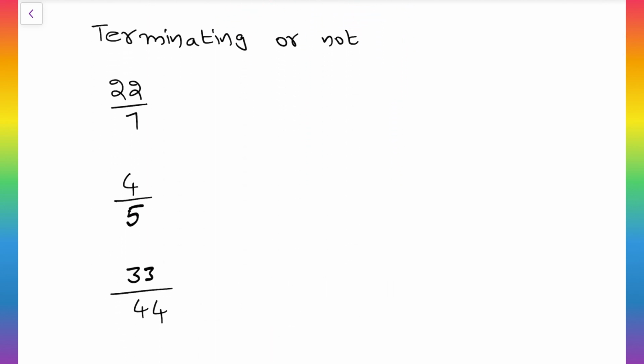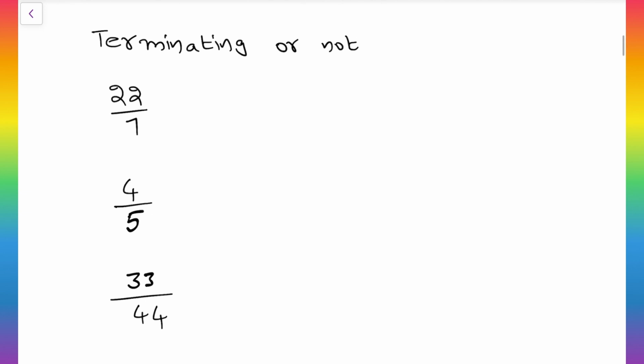Next one. Check whether the given numbers are terminating or non-terminating repeating type of decimal. So how will we decide, without doing division, whether a given p by q form number has a terminating decimal or else a non-terminating repeating type of decimal? It depends completely on the denominator.